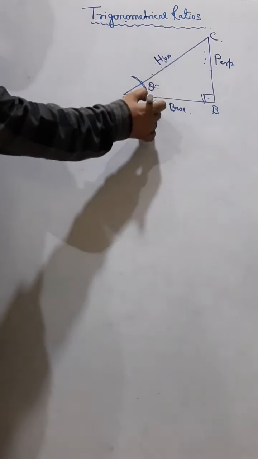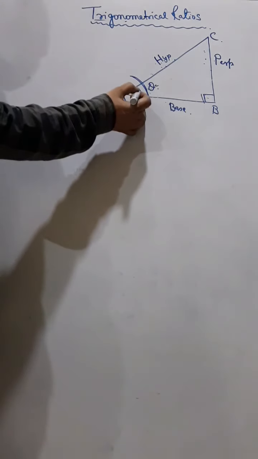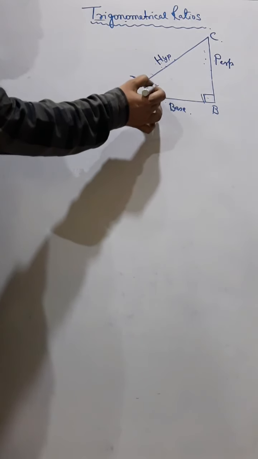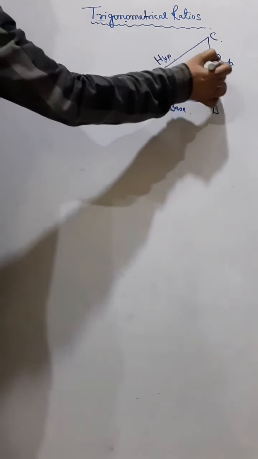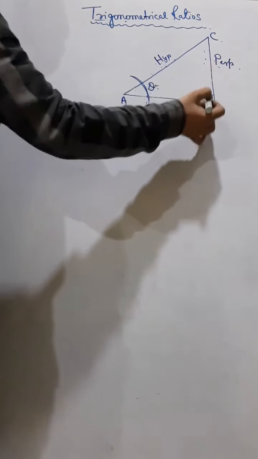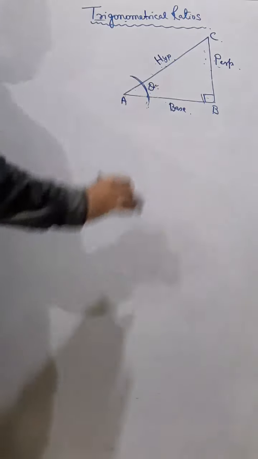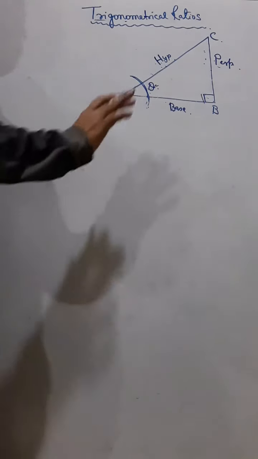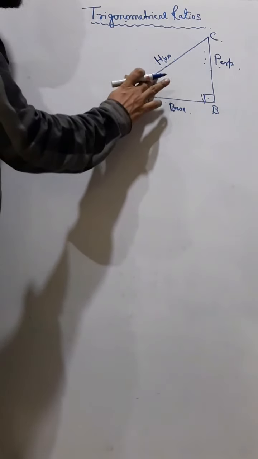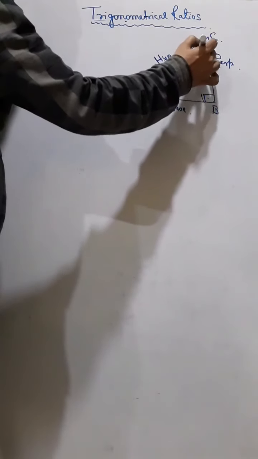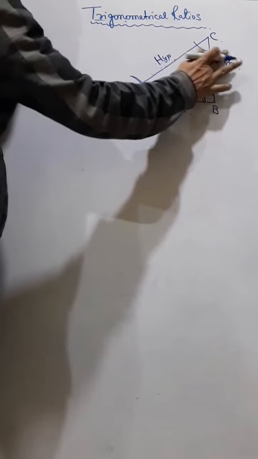But if this is theta, that means if we take this as a reference angle, then the side which is opposite to this reference angle becomes perpendicular, and the side that is left, the third side, is base. You understand? Now try to understand. Now suppose this is theta, that means we are talking about this as reference angle.